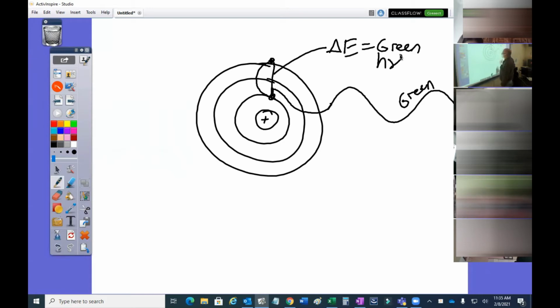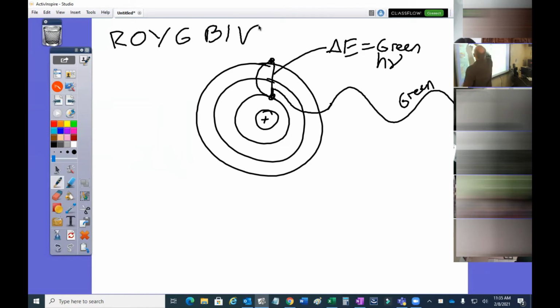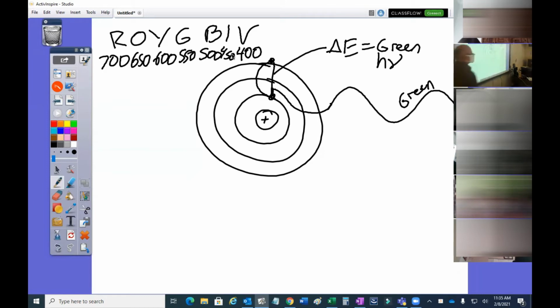Red is 700, and this is like 400. So this is like 650, 600, 550, 500, 450. How's that? Pretty easy, right? Every 50, roughly. It's not exact, but it's close. So green is 550. So lambda is 550 nanometers.